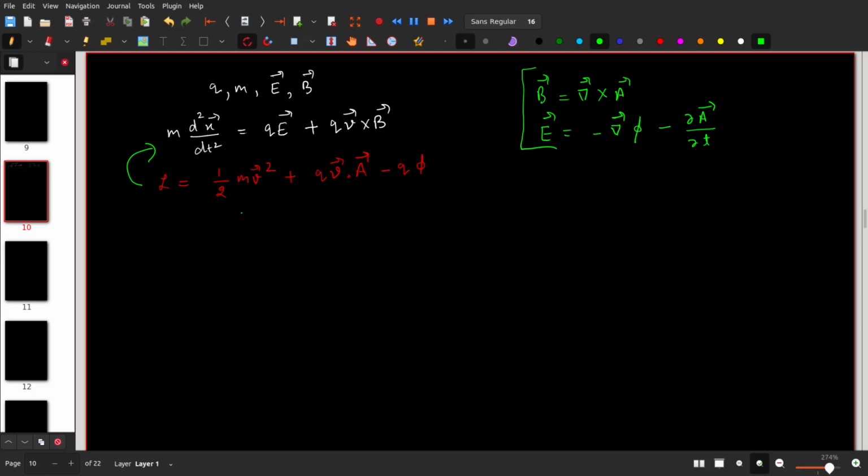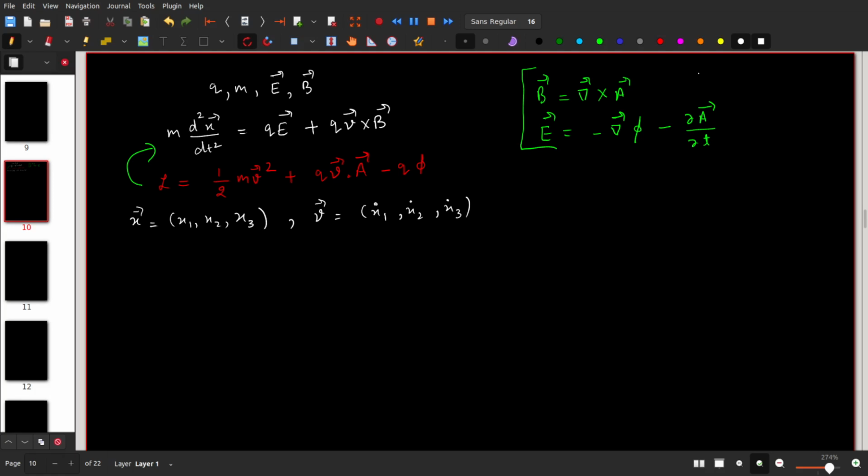In order to see that this Lagrangian actually gives rise to these equations, let us first denote the position vector x as x1, x2, x3, and the velocity vector as x1 dot, x2 dot, x3 dot.